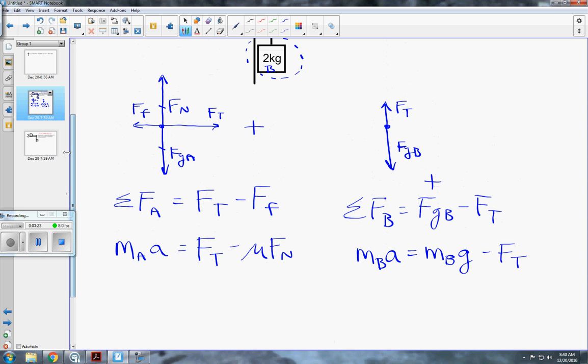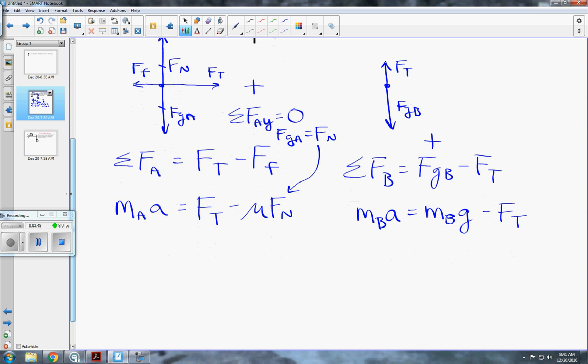So if I go back up here, I can see that the net force in the y direction, so the sum of the forces on A in the y direction, is equal to 0. Because that is the case, we know that the magnitude of the force of gravity on A is equal to the normal force. So we can plug in the mass of A times gravitational field strength for normal force.